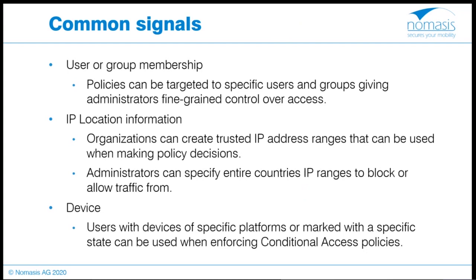You can, for example, say that everyone in Switzerland can access the data, but nothing else. Or you can choose some trusted IPs that are only your own network to say that for this kind of IP, you will have a different set of rules. So for example, you don't require MFA if you are inside, but you require it if you are outside. So those are all the signals that are mainly used.